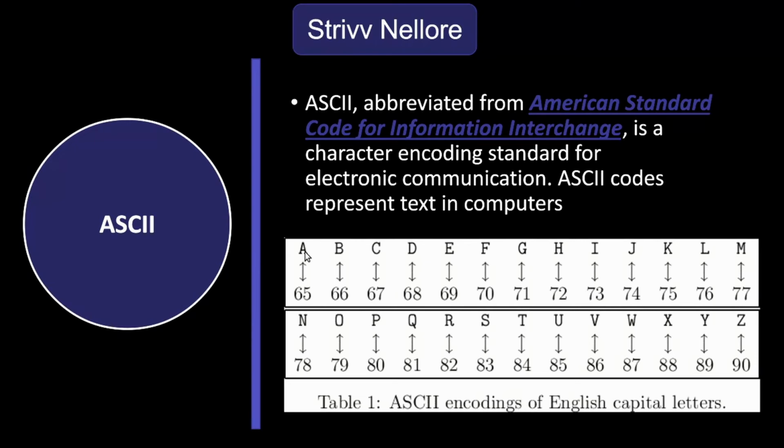So whenever I want to print A, I will give 65 to the computer, and the 65 will be converted to binary, as we have seen before. B is represented as ASCII 66. So ASCII links our characters to a decimal number. This is how we represent characters in binary. So now we are able to represent characters and numbers, so we can send and receive mails, and search in Google and YouTube.